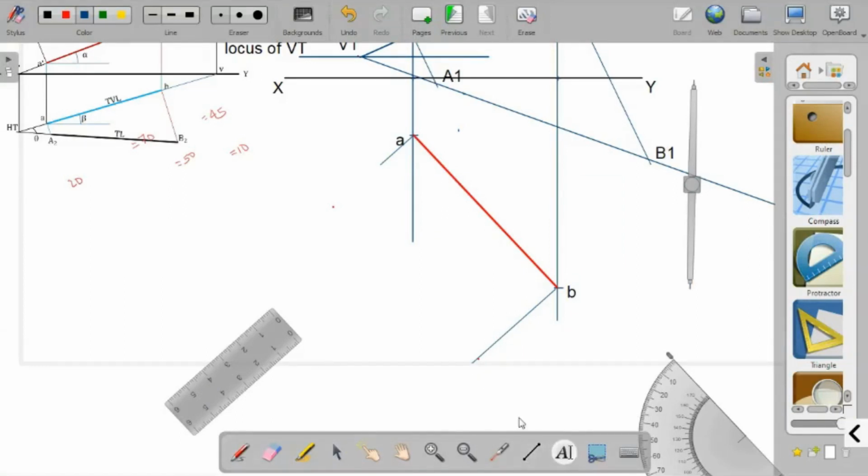Okay, this is point B2 and here is point A. Now join these two points together and extend it. And likewise, these two points also, A and B, join and extend it.